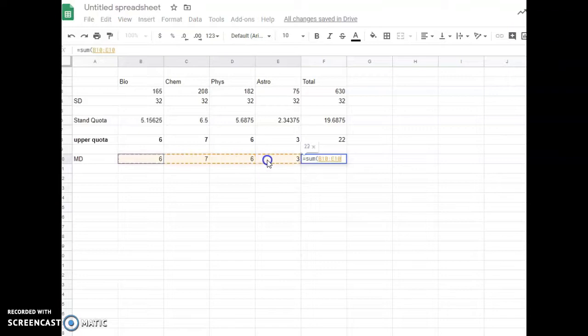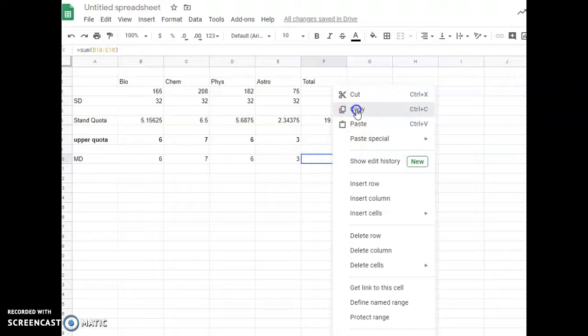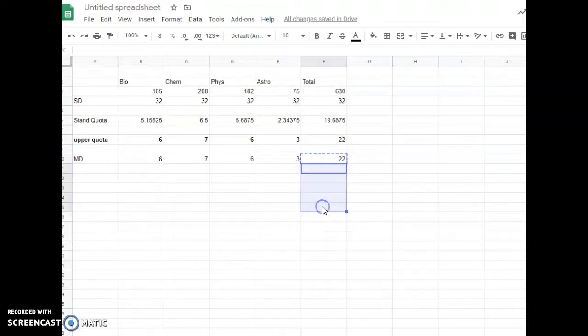I'm going to do this. Okay. It's going to add all this together for me. So 22. Now what you can do is, let's copy, and we're going to paste that formula down here a little bit. So that when we start adding numbers here, so modified divisor. So this was modified divisor 32.